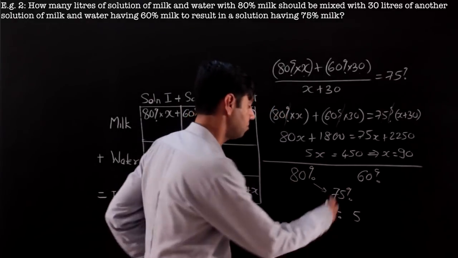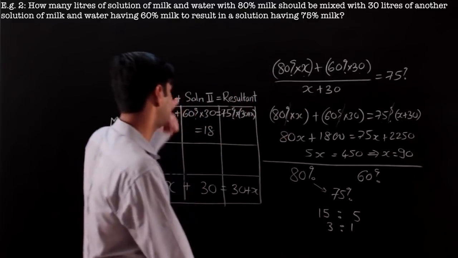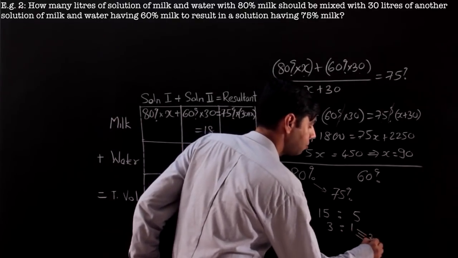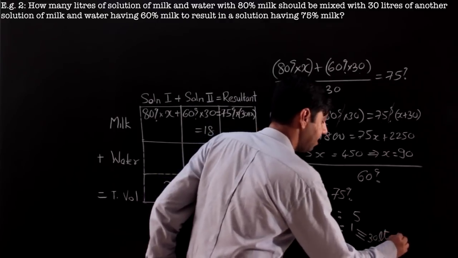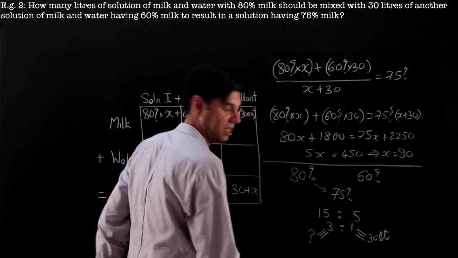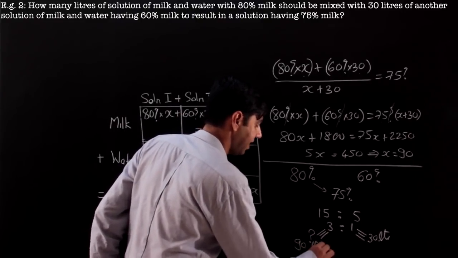Weight refers to volume, so the ratio of weights is nothing but 3 is to 1. And do I know that the second volume, that one volume corresponded to 30 liters, and if one volume corresponded to 30 liters, how much will 3 parts correspond to? Obviously, it will be 90 liters. So I can get my answer directly, right?